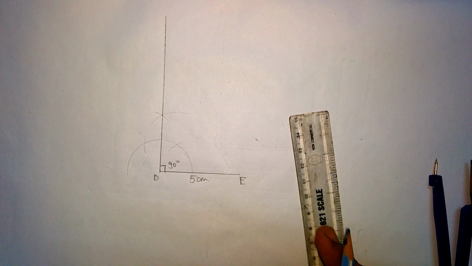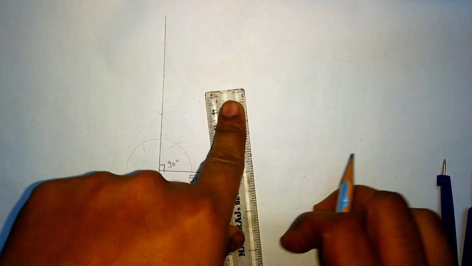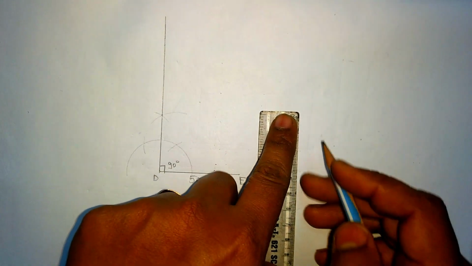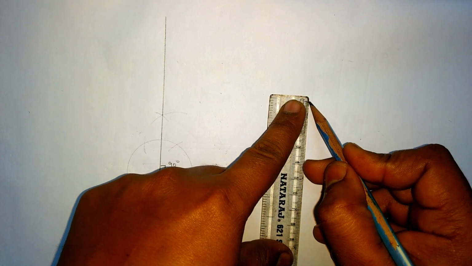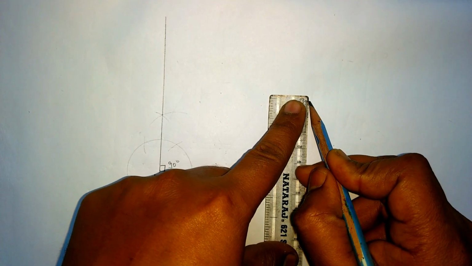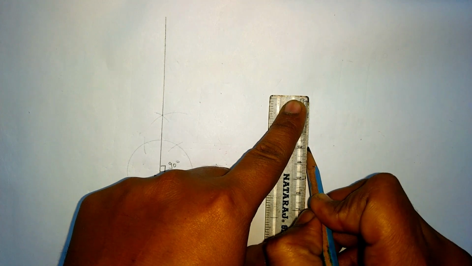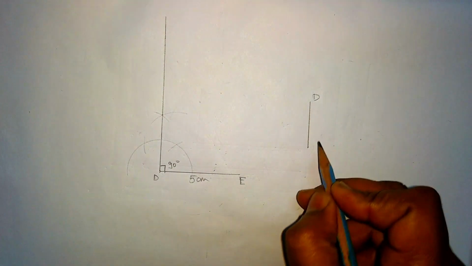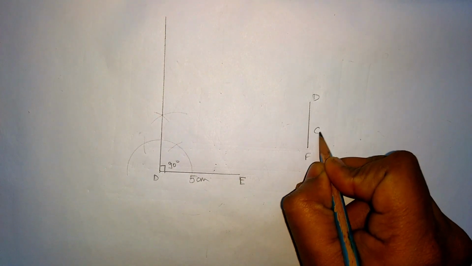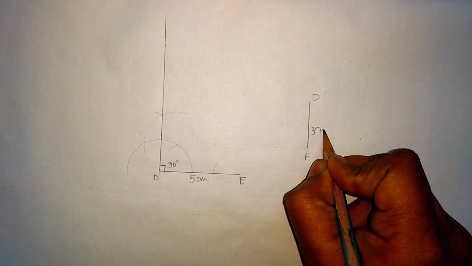Now we have to cut DF of measure 3 cm. So draw a line DF, DF of measure 3 cm.